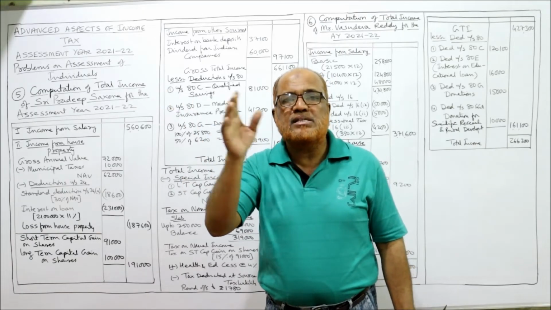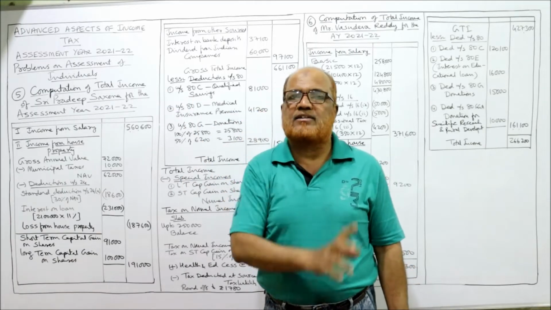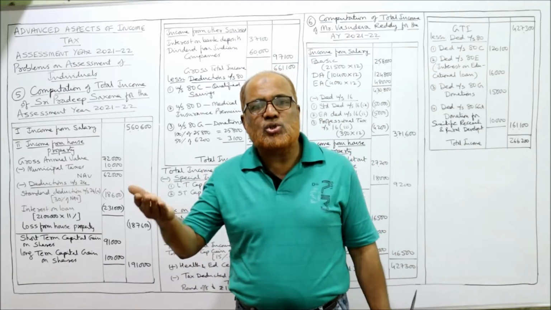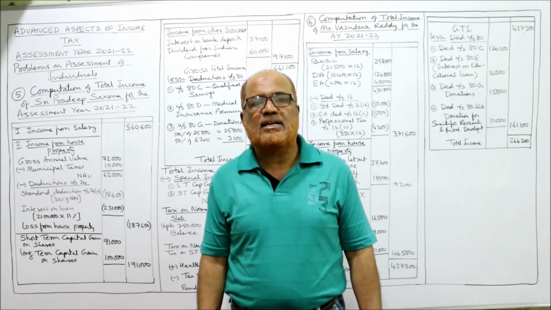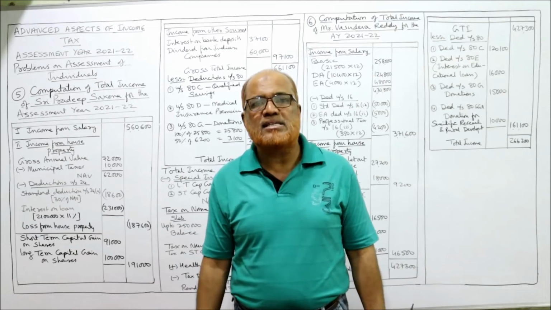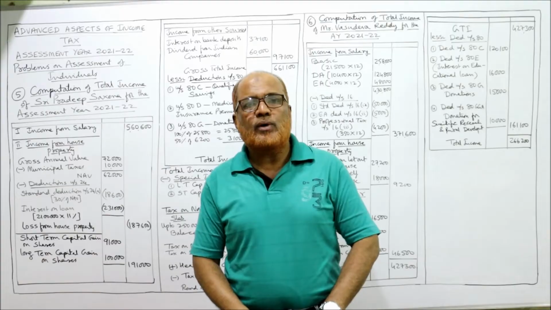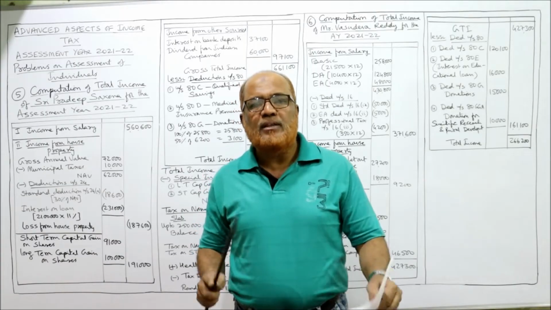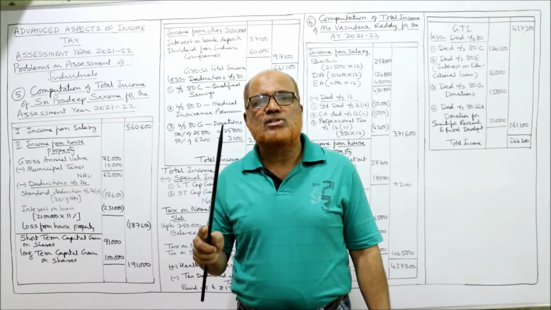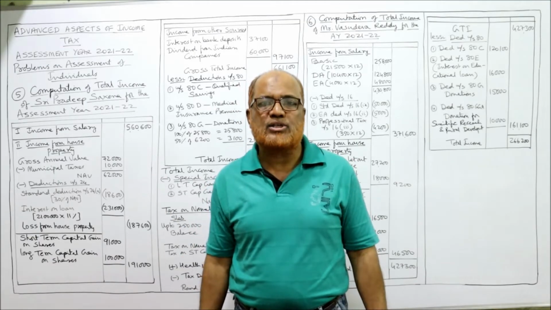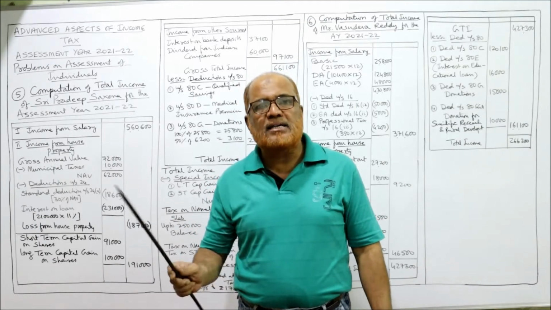Over 1 lakh rupees is taxable at 10% flat, if the shares are sold in a recognized stock exchange on which STT, security transaction tax, was paid. Here nothing is mentioned, so we assume this long-term capital gain on shares was received from the recognized stock exchange. So 1 lakh rupees is exempted.